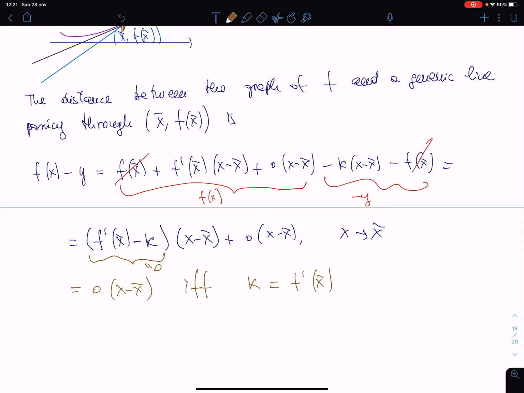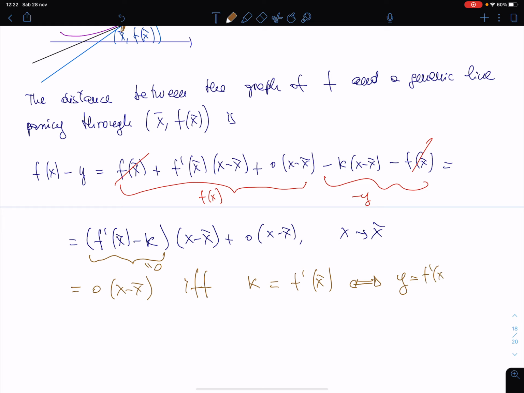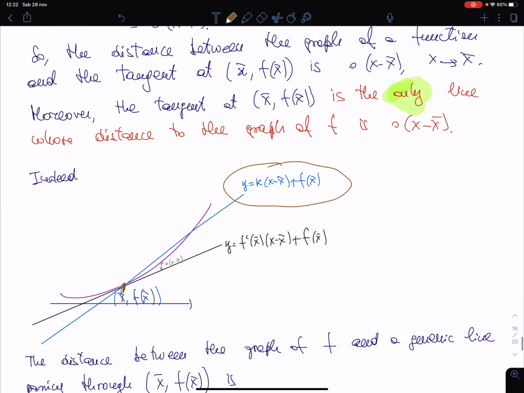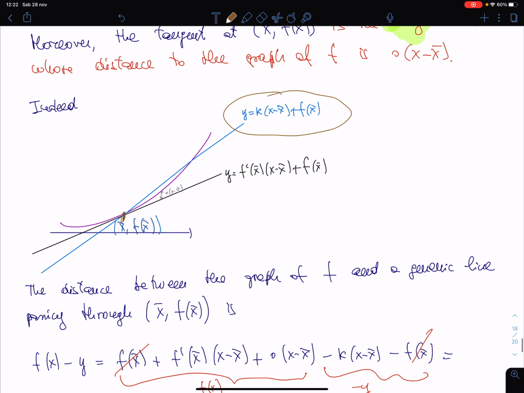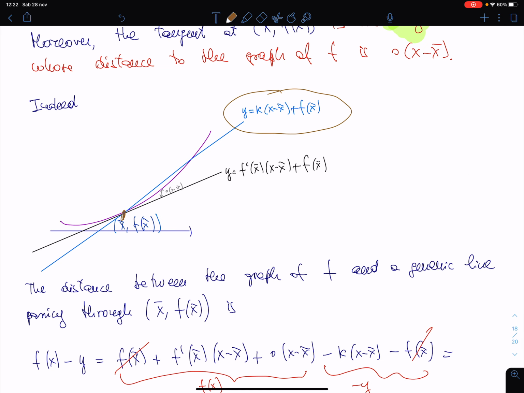So y is f prime of x bar, x minus x bar plus f of x bar, or minus f of x bar, I don't remember. Yeah. Is the tangent.